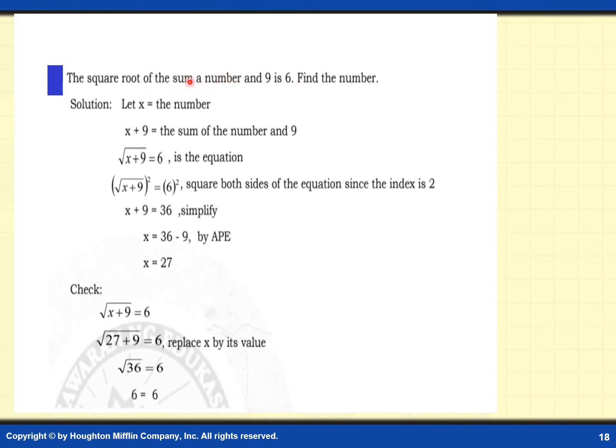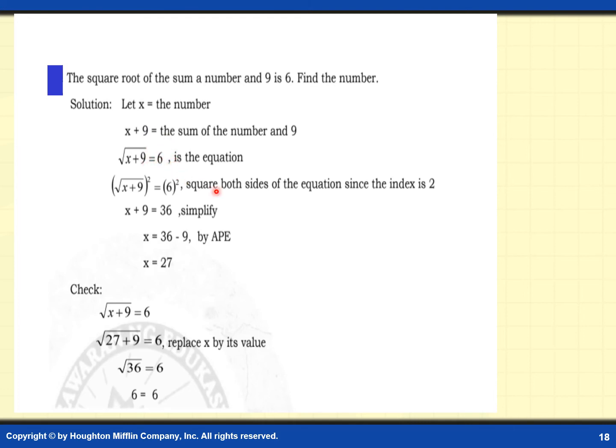Find the number. So, if we analyze, let x be the number. And x plus 9, the sum of the number and 9. Ito po, the sum of a number and 9, yan po ay x plus 9. Is means equal. So, square root of x plus 9 is equal to 6.